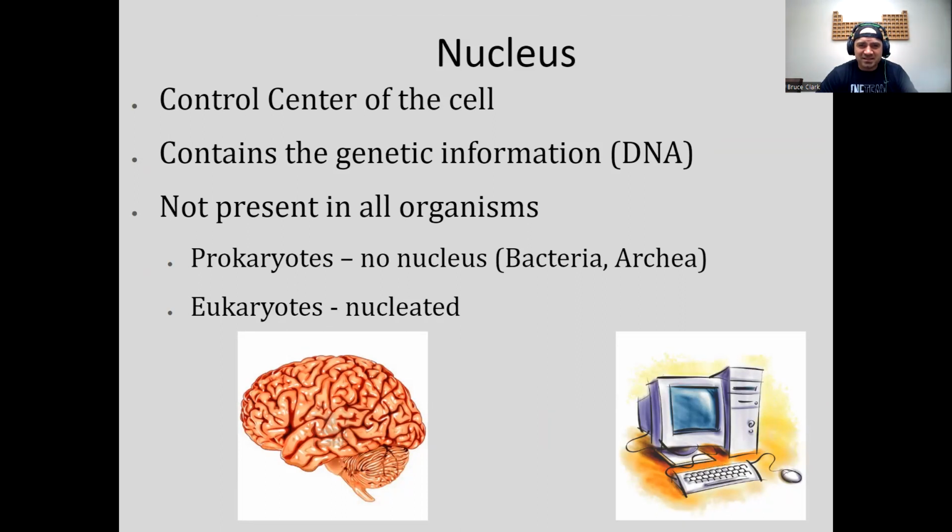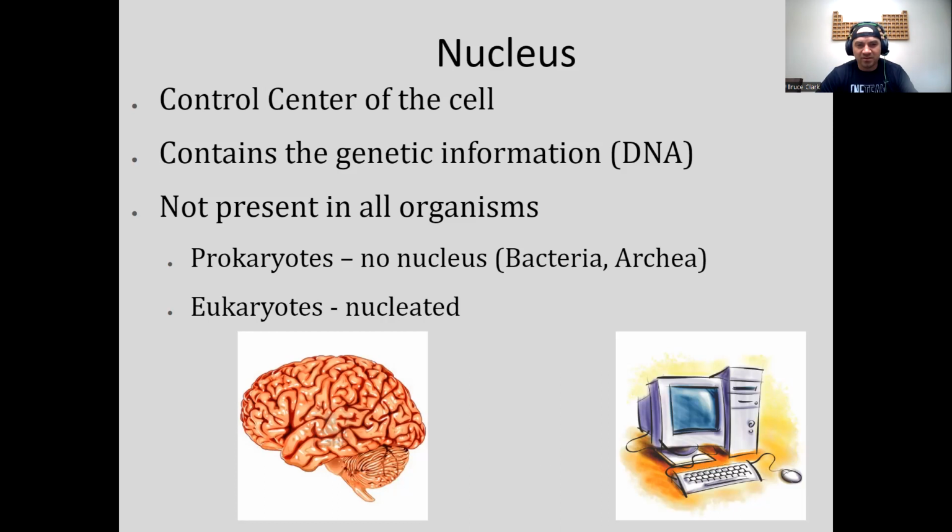One thing that's unique is that the nucleus is not present in all organisms. Plants and animals, yes. All of your cells should have a nucleus, same with all animal and plant cells. However, there are some organisms called prokaryotes.